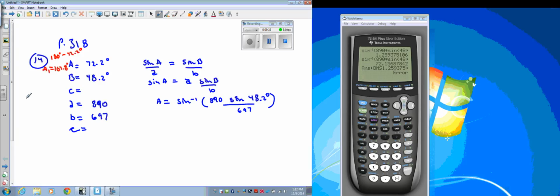So I have to see, is there a C2 that would also satisfy it? That would be 180, because that's the amount of degrees in the triangle, minus the sum of 107.8 plus 48.2.